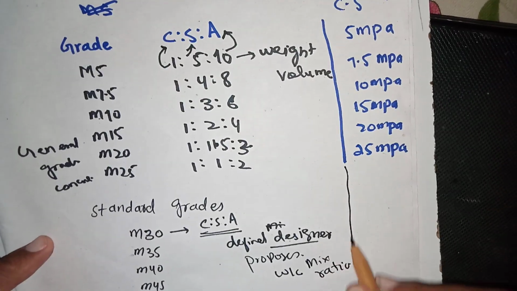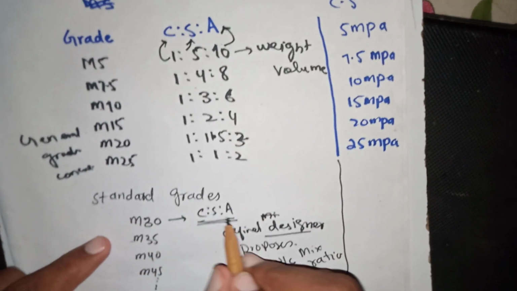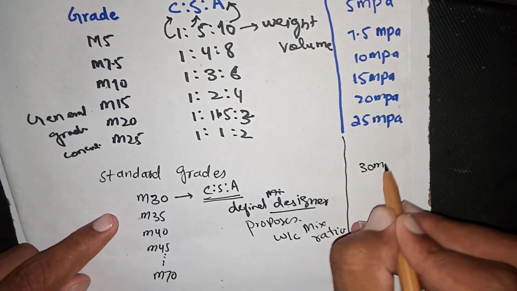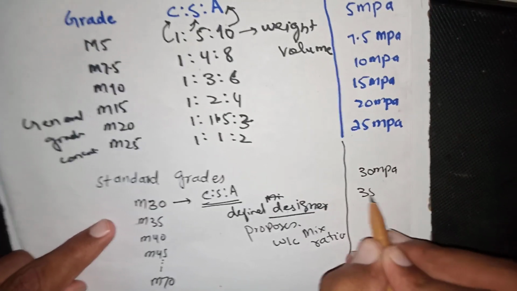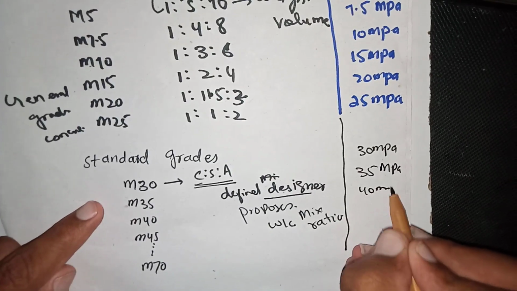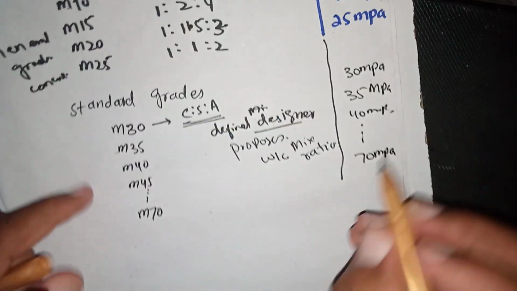Alright, but it is sure and it is known that their compressive strength after 28 days will be 30 megapascal. Similarly, will be 35 megapascal and 40 megapascal. Similarly, up to 70 megapascal.